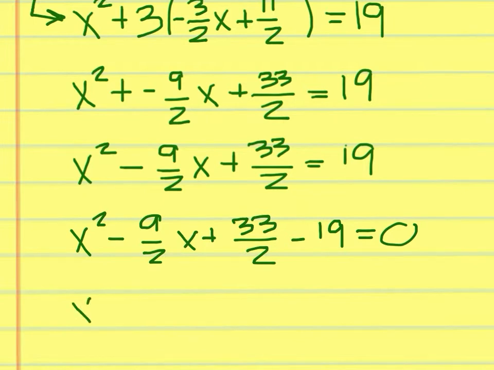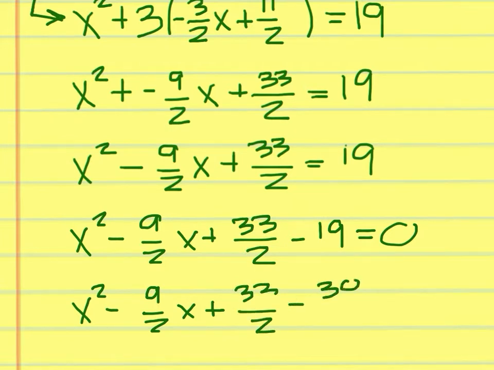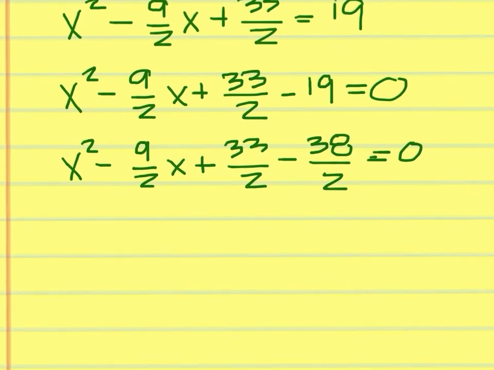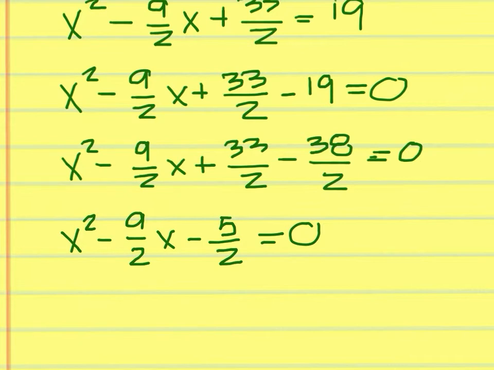An easy way to do that is to keep everything else the same and get a common denominator, which would make this 38 over 2. Multiply 19 by 2 and the bottom by 2. So that when you do that, you're left with x squared minus 9 halves x minus 5 over 2 equals 0.